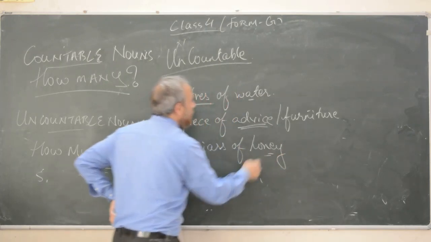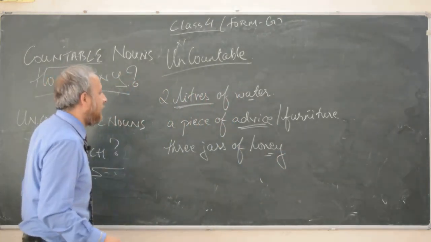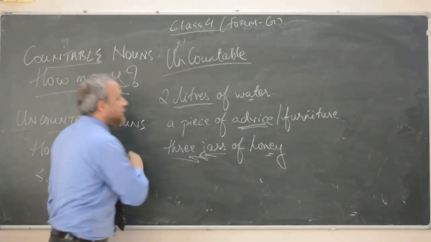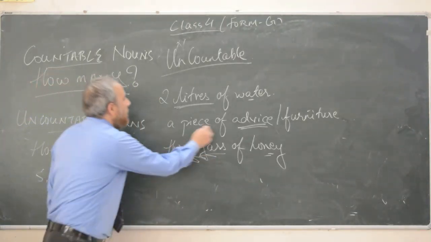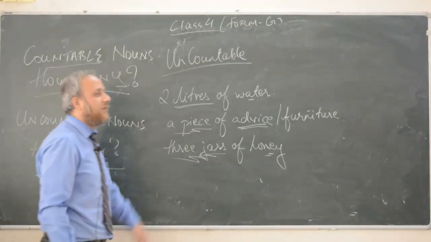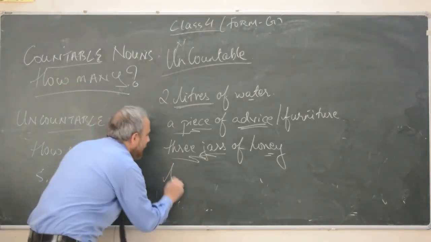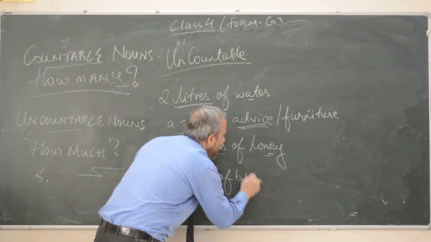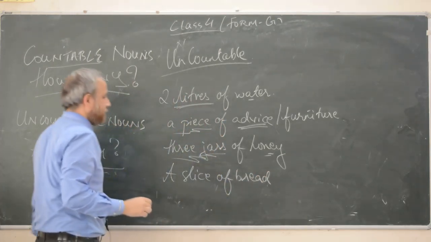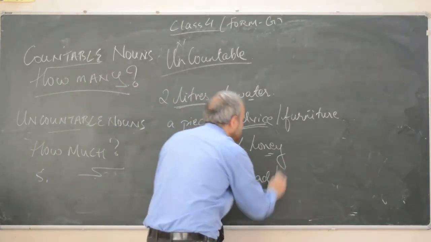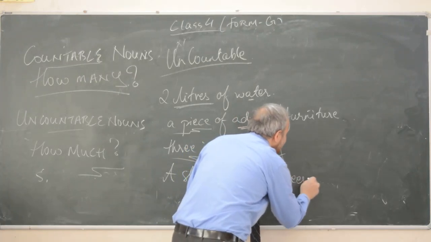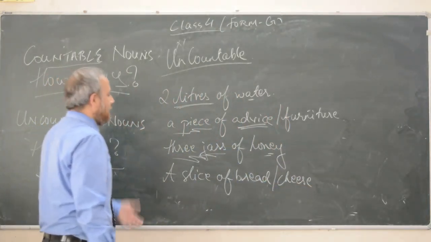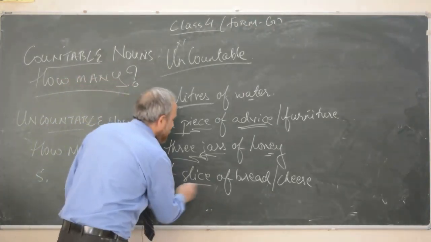Honey too is an uncountable noun. But if I want to talk about the amount, I can say 3 jars of honey, or a piece of advice, or 2 liters of water, or a slice of bread, or a slice of cheese. So a slice of.